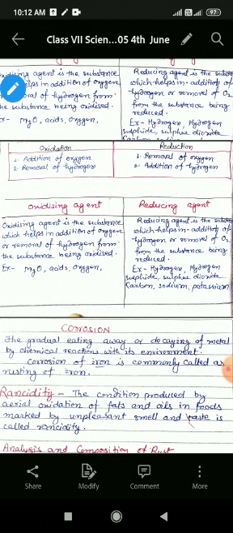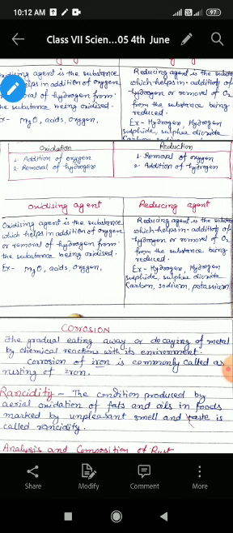Rusting generally weakens structures such as iron railings, car bodies, bridges, big buildings, etc. Now, students, after this we'll discuss rancidity. When food, fats and oil in butter are exposed to the atmosphere for a long time, these materials get oxidized and their taste and smell change and become very unpleasant.